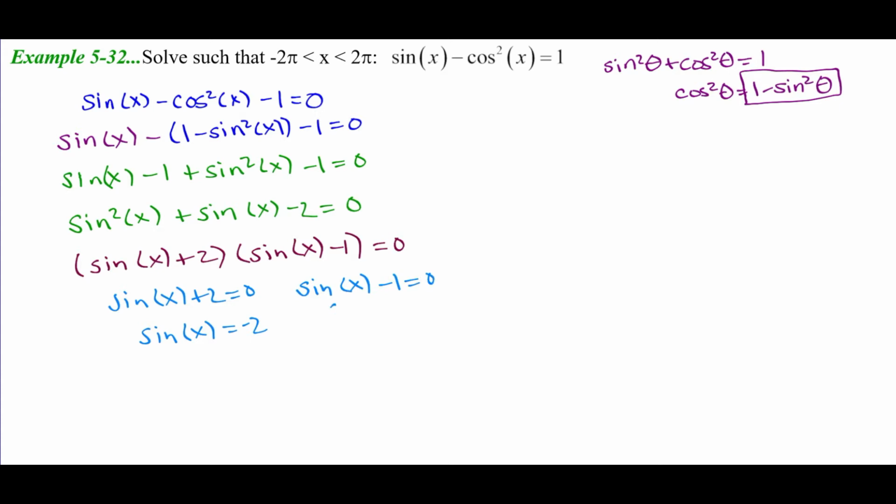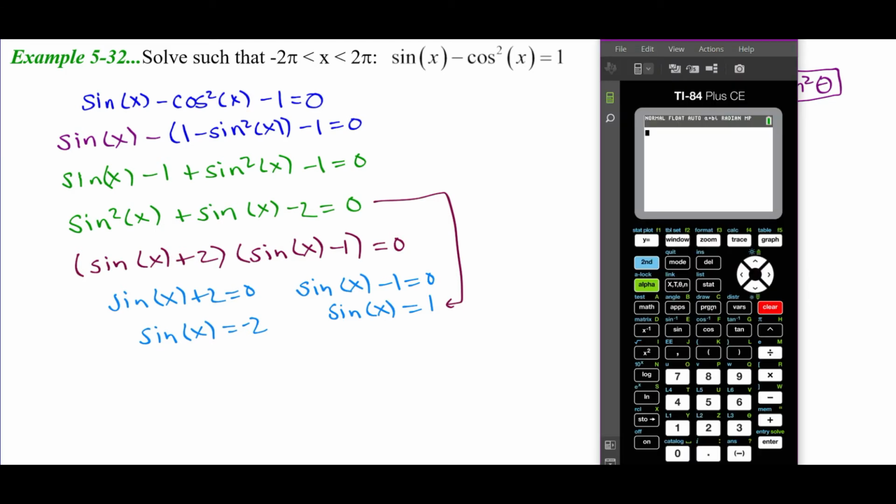So sine of x equals 1. Now remember, I could get straight from here to here by either doing the quadratic formula by hand or using my quad program in my calculator. So here we would just put in 1, 1, and negative 2, and I get the same answers there. So either way, doesn't matter.